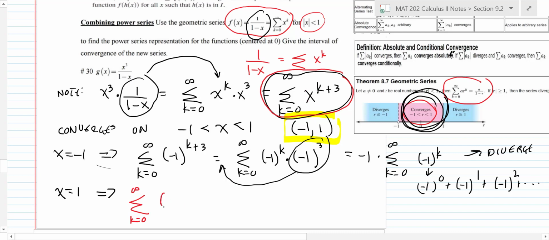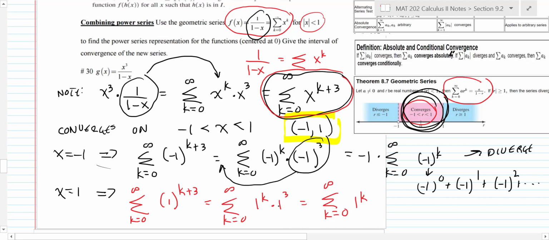So we're going to have 1 to the k plus 3. You can do this the same way. You can just write that as the series k equals 0 to infinity of 1 to the k times 1 to the third. Well, that's really just the series k equals 0 to infinity of 1 to the k, right? Because 1 to the third is 1, so that just gives that.